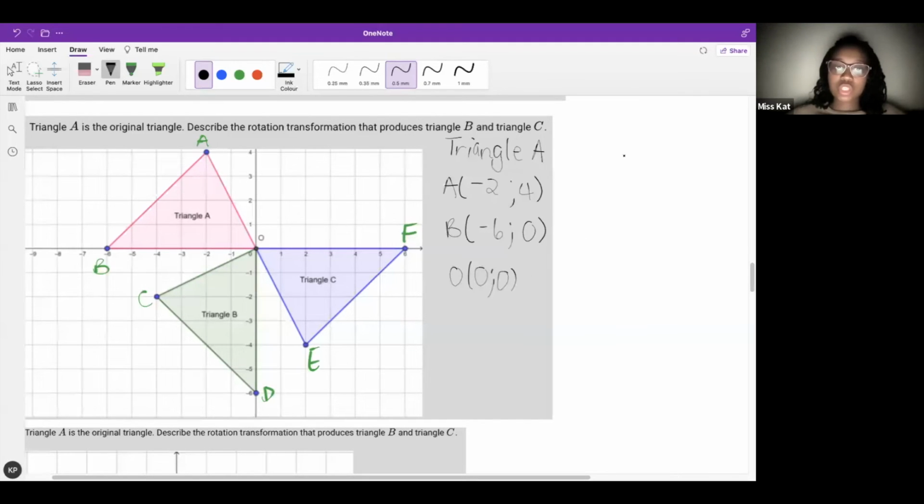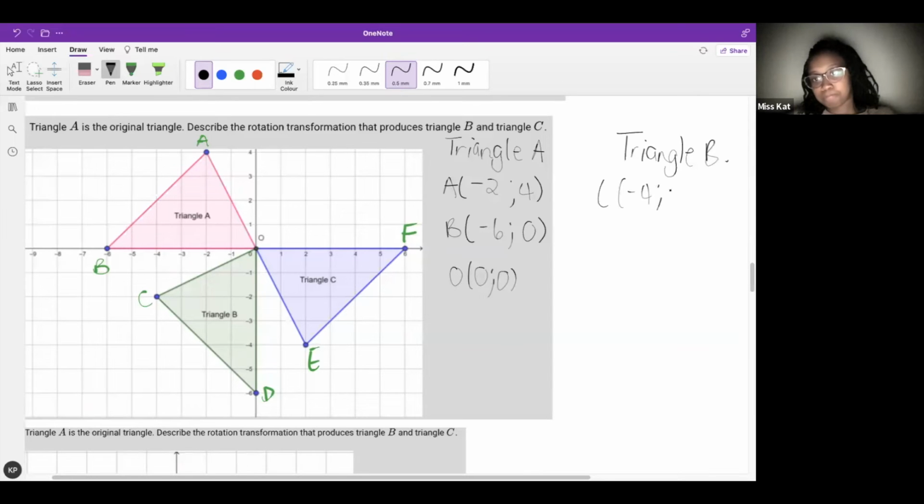Let's start with the first formation. Do you want to do triangle B or C? Ma'am, we can do B. So let's do triangle B. Coordinates for triangle B. C is -4, -3. D is... can't see the number.